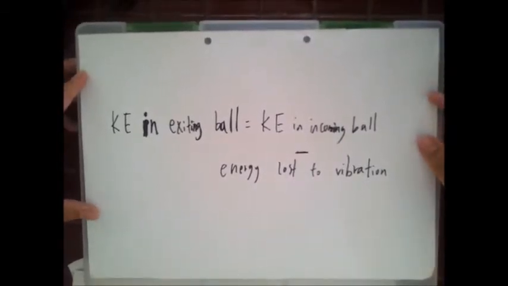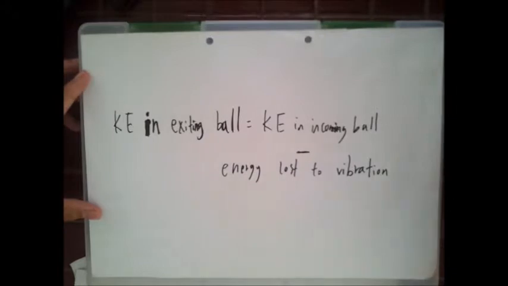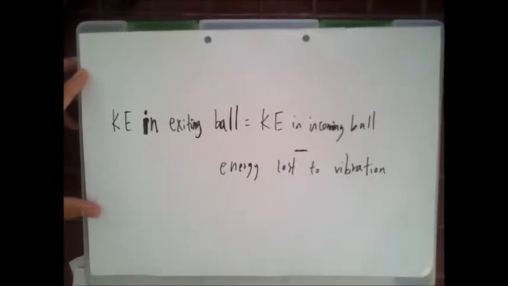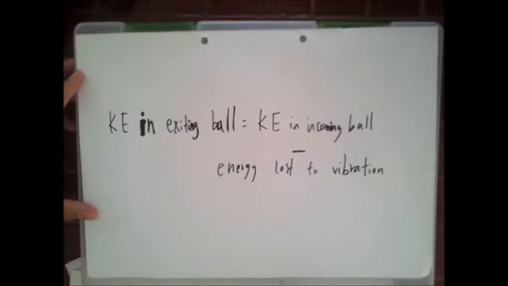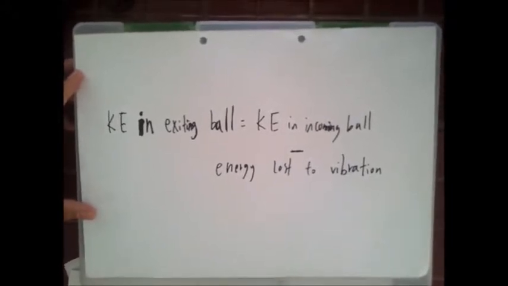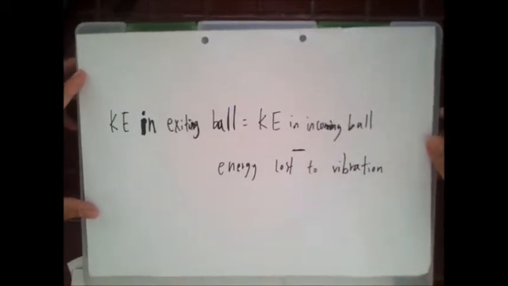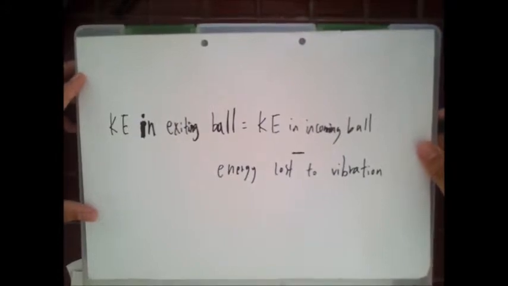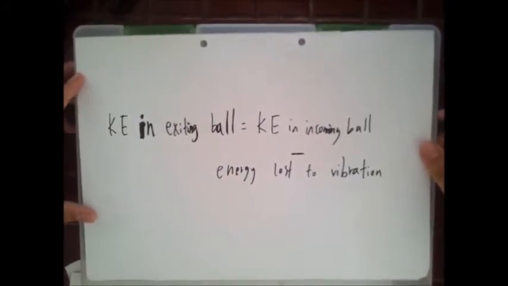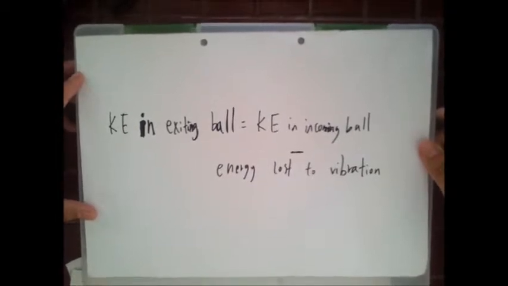Seeing that the work done by the hand is negligible as compared to the kinetic energy of the ball, kinetic energy in the exiting ball equals kinetic energy in the incoming ball minus the energy lost to vibration. Hence, in order to maximize the kinetic energy in the exiting ball, we have to minimize the energy lost to vibrations. By landing the ball at the sweet spot, the least energy is lost to the bat, allowing the returning ball to be at its maximum velocity.